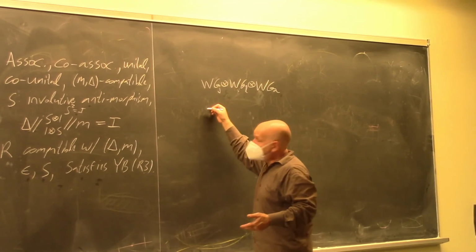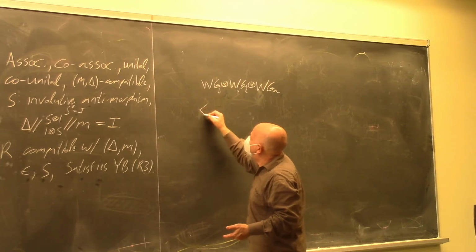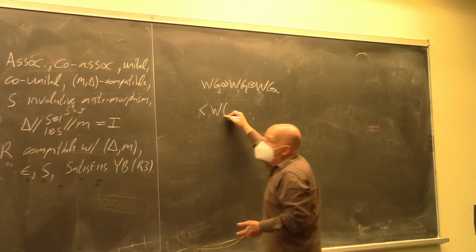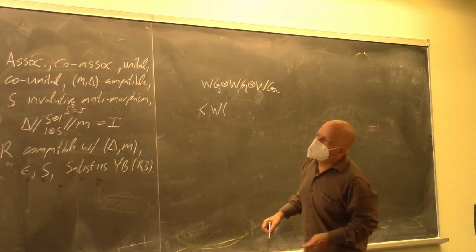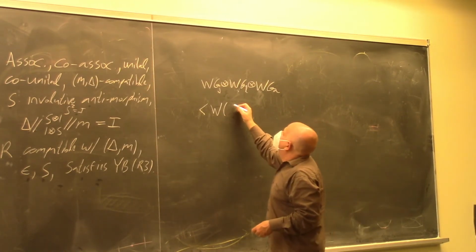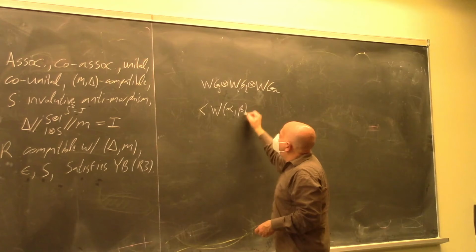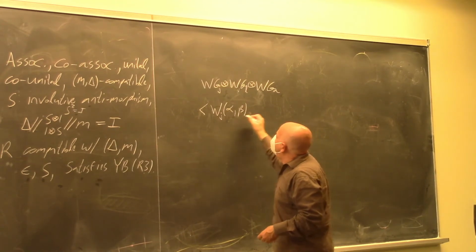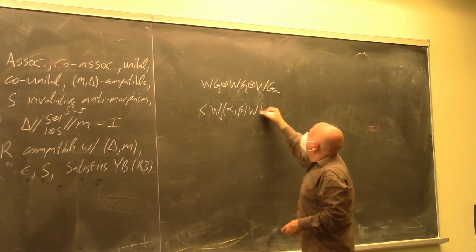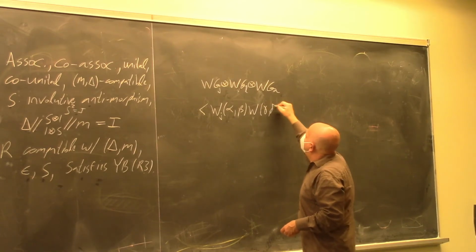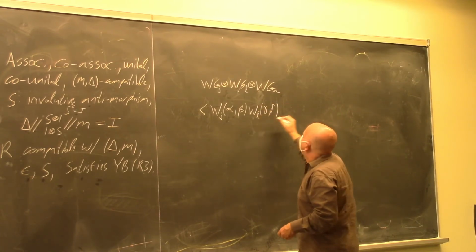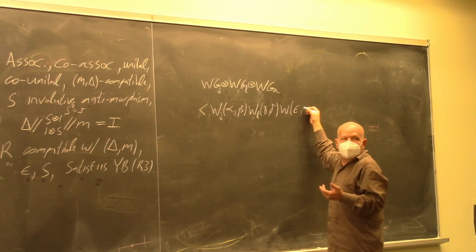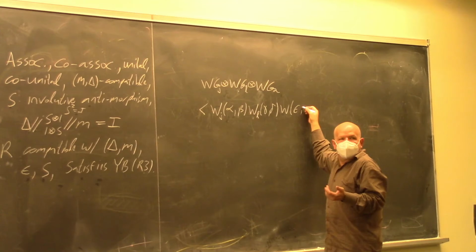So a basis for the elements will be WG elements of the form W alpha beta with index J, W gamma delta with index L, W epsilon, what's after epsilon? Eta?